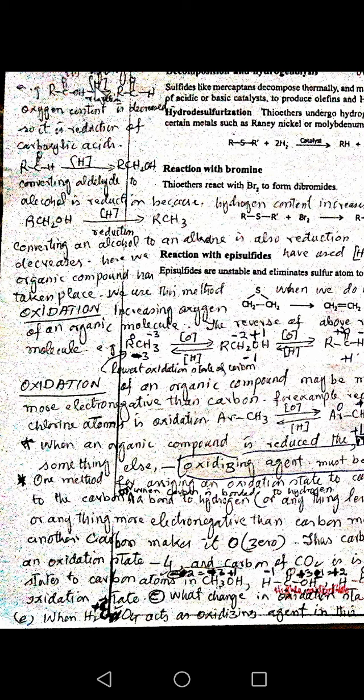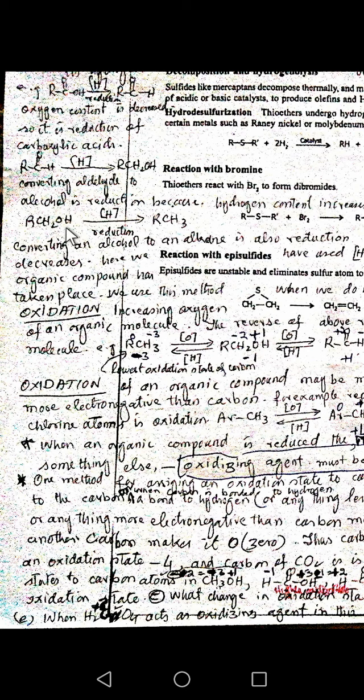Here you see the aldehyde is changed into the primary alcohol. Here again there is an increase in the hydrogen content, so it is called reduction. Here see the example.